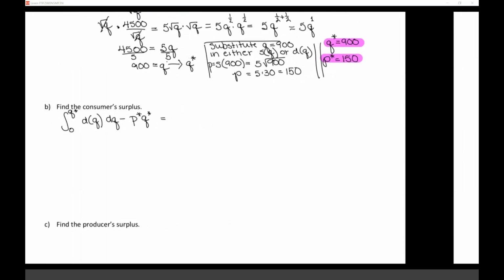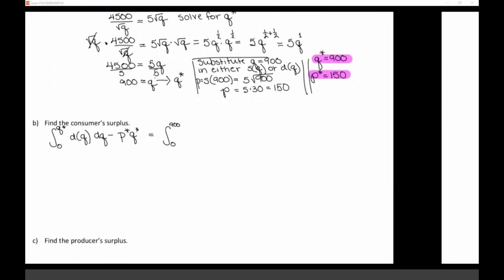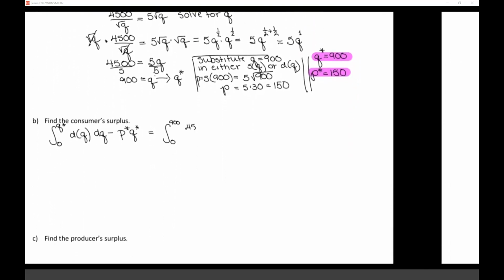All right, so this integral would be the integral from 0 to my Q star, which is 900. Okay, and then I have my demand equation, which again, if I look up here, is 4,500 over square root of Q, dq.